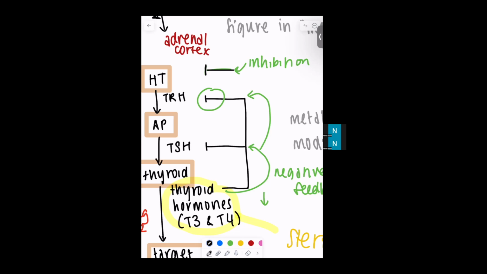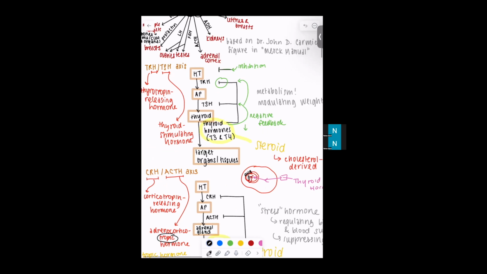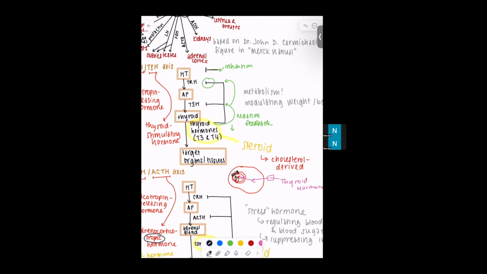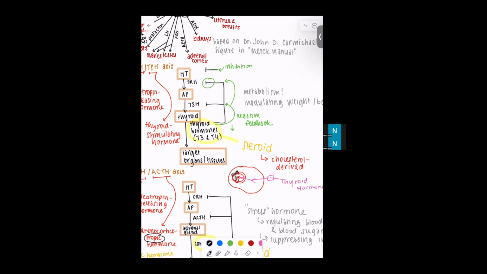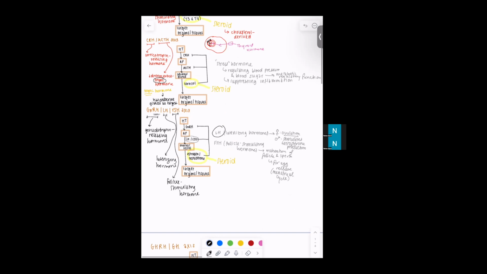And so this process of regulating its own production is called negative feedback, which I've written here. So when you have really high concentrations, thyroid hormone will go back into the pathway, bind to some site on an enzyme that's making TRH or something, and prevent the synthesis of more TRH and TSH, which will prevent the synthesis of more thyroid hormone. And this is true of basically all of these pathways.